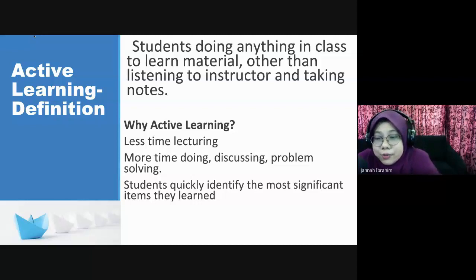Okay, so I want to share, there's a study from the University of Washington. The finding shows that STEM students, okay, STEM is science, technology, engineering, and mathematics, who were exposed to active learning strategies attained a 6% increase in their exam scores compared to peers who were only exposed to the traditional lecture-based approach.